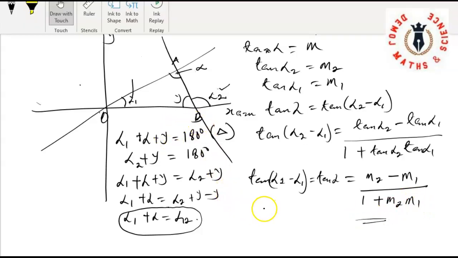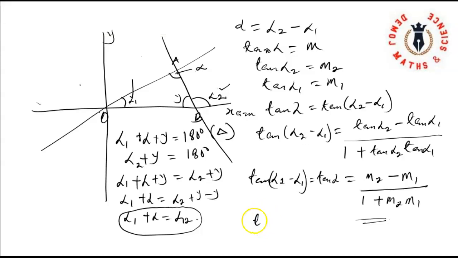Now, to find an acute angle, we'll be taking the absolute value of tan alpha, which is equal to the absolute value of m2 minus m1 all over 1 plus m2 m1.